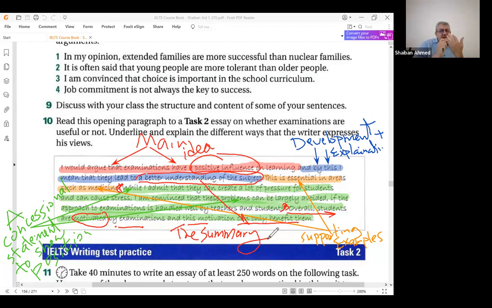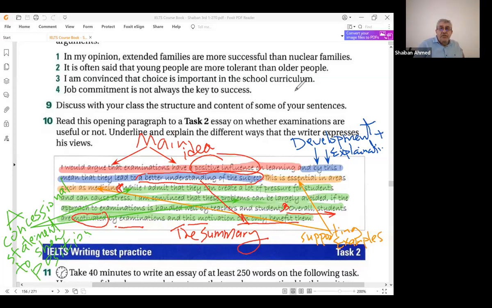For the summary sentence, we keep it to the end, but in general, main idea, development, supporting examples are clear to you. That's because the summary, inshallah, we will keep to the end. But anyway, now we have a practical practice. Any questions before we move?